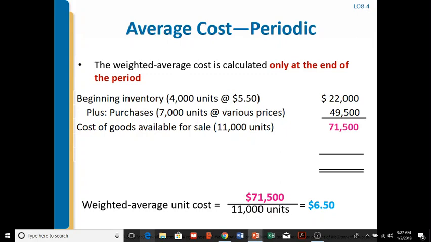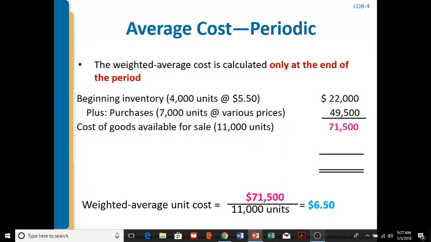Periodic, we have a total number of items here of 11,000 units, beginning with the 4,000 beginning inventory, plus the purchases of 7,000 units. The total cost of those units is 71,500, and so we divide the 71,500 cost of goods available for sale by the number of units available for sale, 11,000, to come up with a weighted average cost per unit of $6.50.